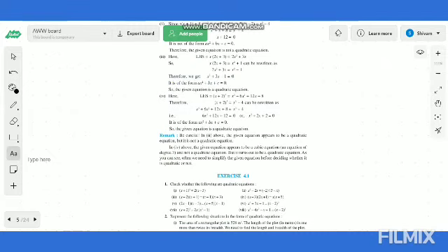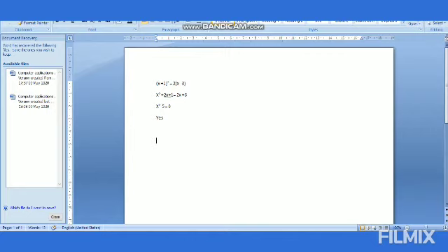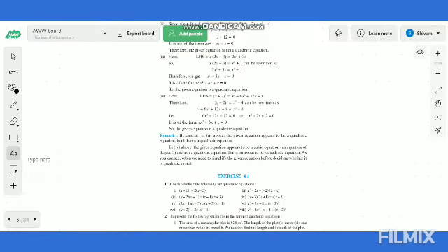Now if we take the second equation of the same exercise, x square minus 2x is equal to minus 2 into 3 minus x.